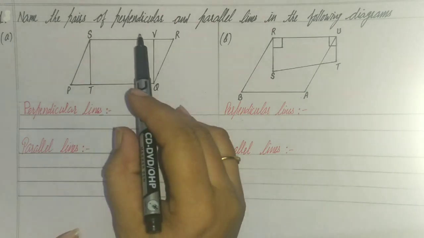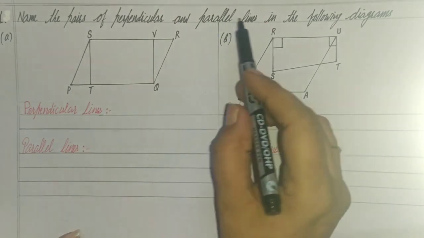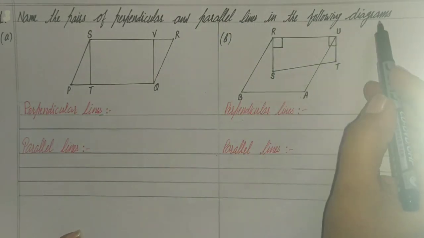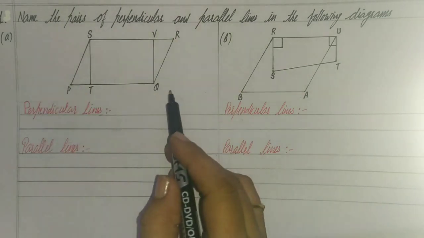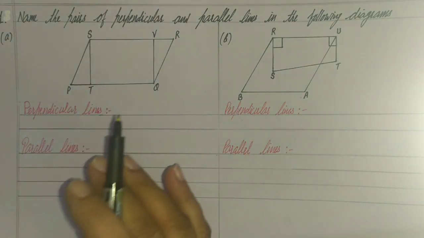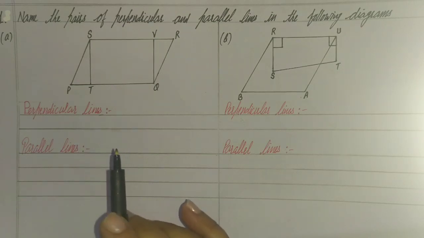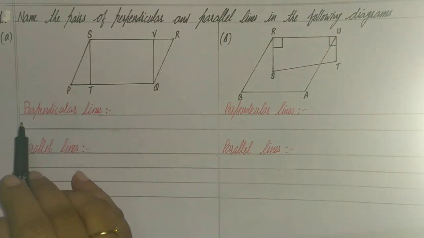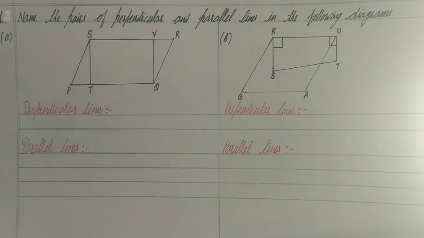Name the pairs of perpendicular and parallel lines in the following diagrams. In the first one, as you can see in the diagram, everything is very clear. First of all, we are going to write down the perpendicular lines. Perpendicular means the two lines must be at a right angle.